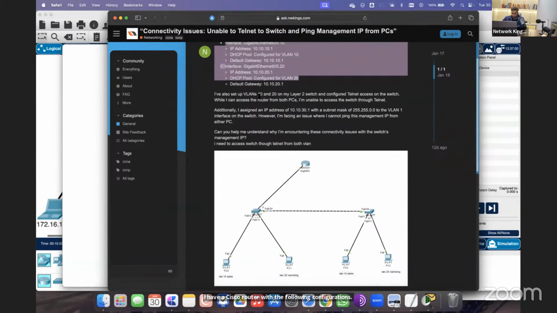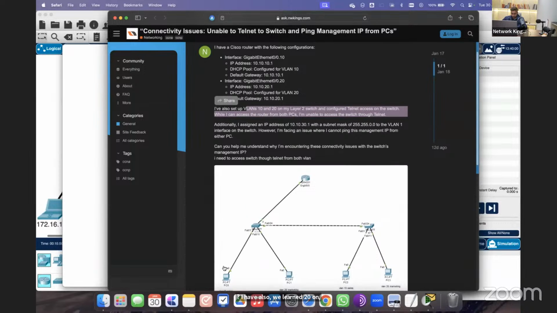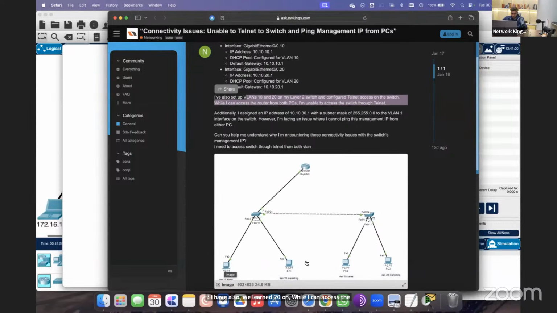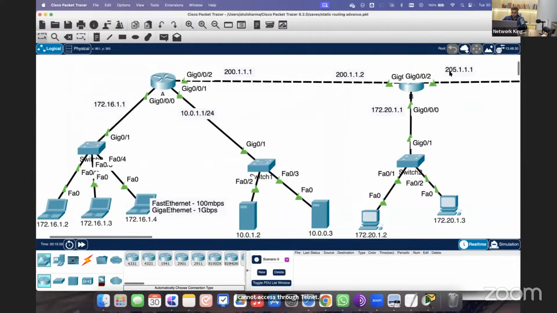I have also added VLAN 20, while I can access VLAN 10 and 20 on my layer 2 switch. And I configured telnet access on the switch. While I can access the router from both PCs, I'm unable to access the switch. Okay, so you cannot access the switch through telnet. You have to give one command, that is the switch default gateway. Very good question. So it's an interview question also.